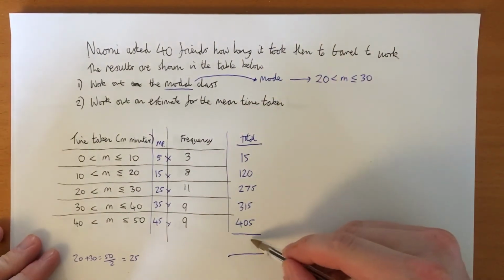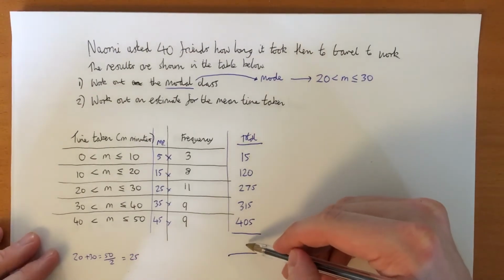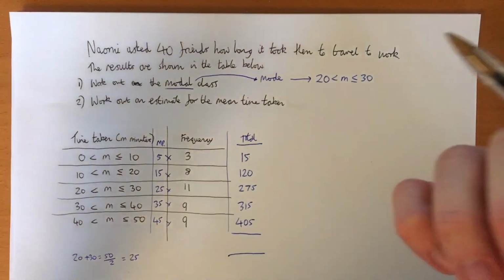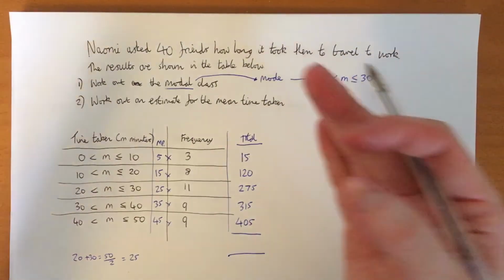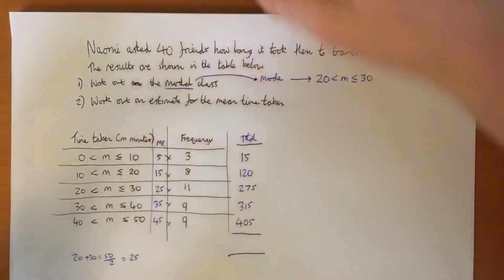Now, what I'm about to do here, by adding up all the totals, I'm about to find the total amount of minutes taken by all these students or all these friends to get to school. So I will do just that.